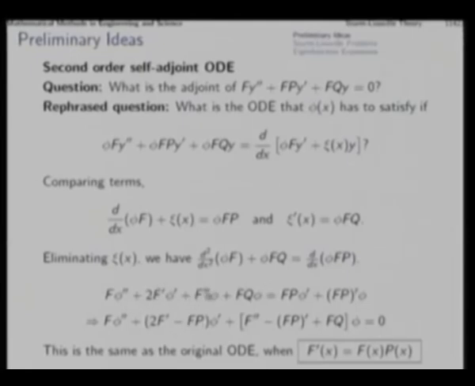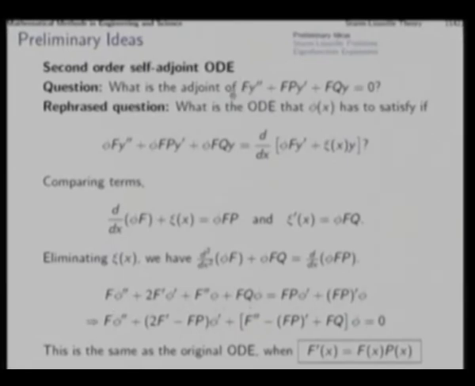Phi terms without any derivatives: F double prime will be here, and then minus Fp whole prime plus Fq, that is here. Now, you say that this is the differential equation which phi must satisfy to play this role. That means this is the adjoint of this equation.